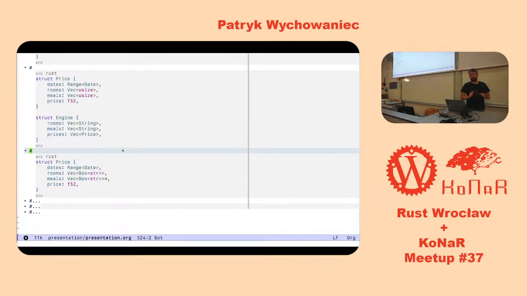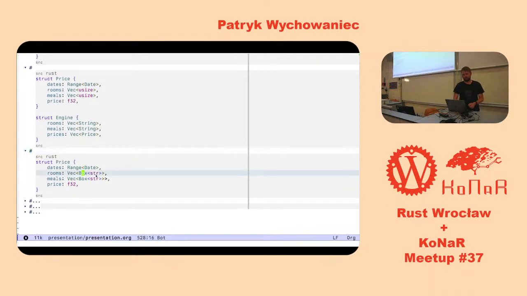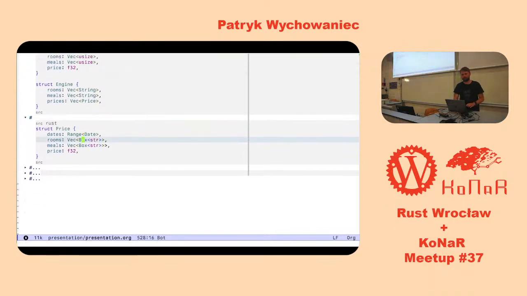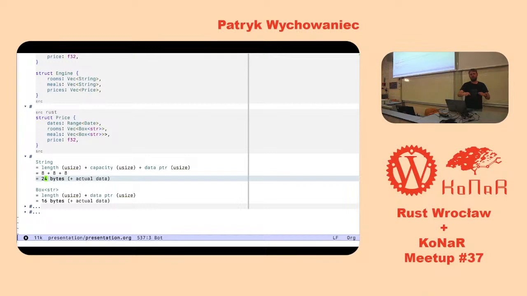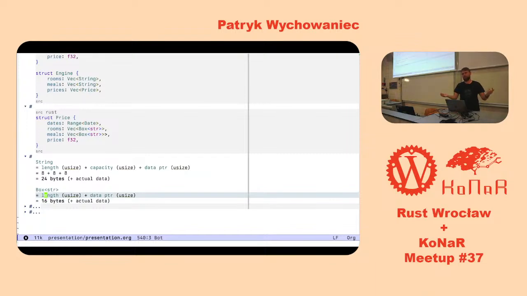Among the easy-to-apply optimizations is using this funny Box<str> type. The difference is that if a String is length plus capacity plus data pointer, so 24 bytes plus the actual data, then Box<str> is just the length and the data pointer plus the actual data, so 8 bytes less. The trade-off is that a String can be modified by pushing more characters into it, like a string builder.